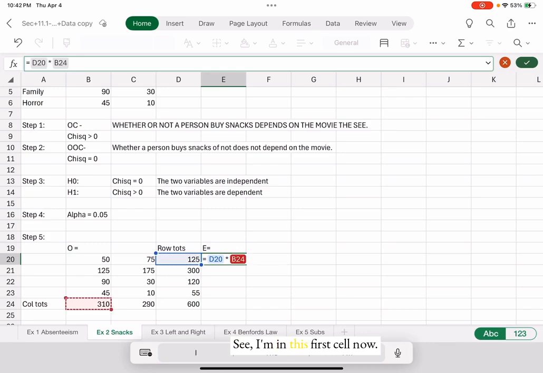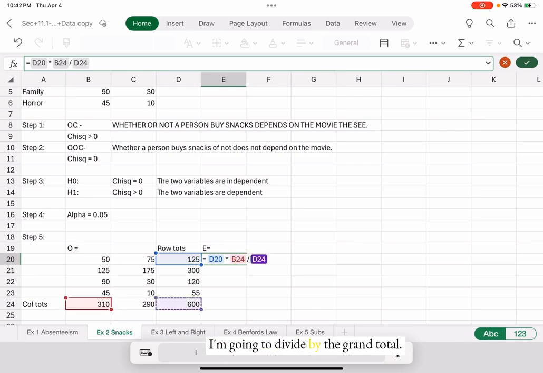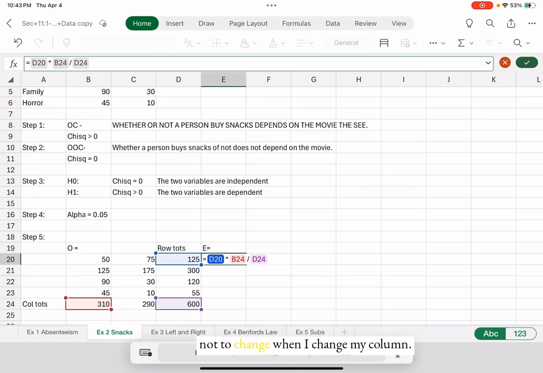I'm in this first cell now. This first cell is going to correspond to the 50 here. I'm going to divide by the grand total. I need to put in some dollar signs. As I fill my table, I want the row total referenced not to change when I change my column.